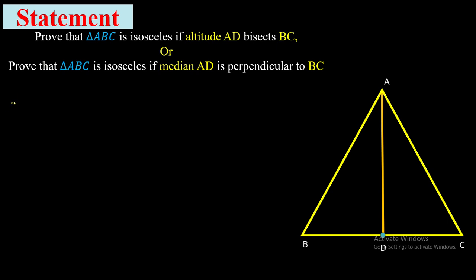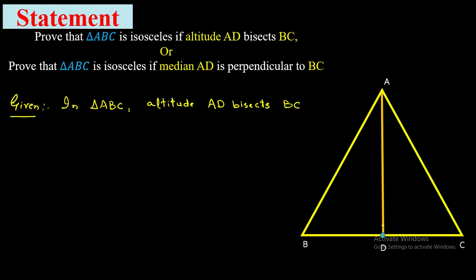So it is given that in triangle ABC, altitude AD is median. That means altitude AD bisects side BC.